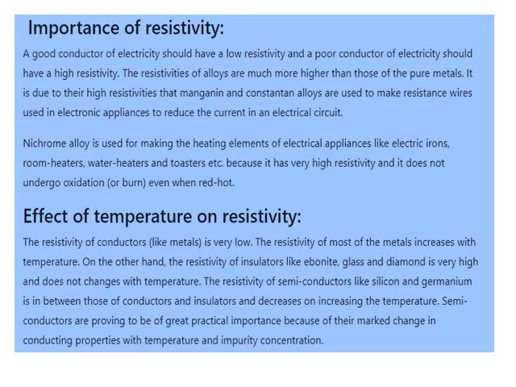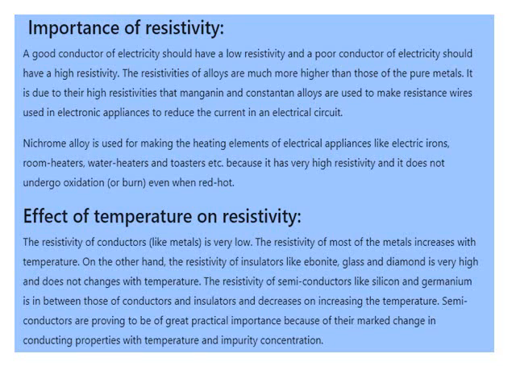It is due to their high resistivities that manganese and Constantan alloys are used to make resistance wires used in electric appliances to reduce the current in an electric circuit.